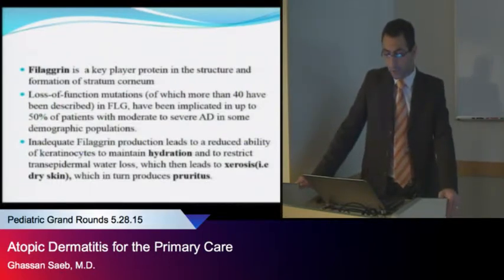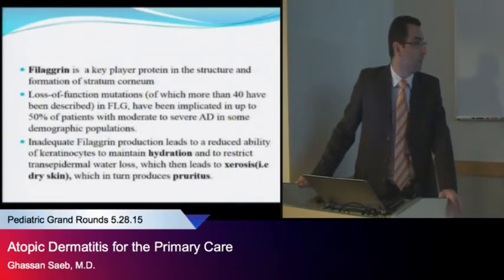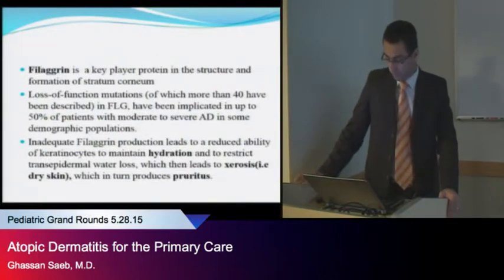Inadequate filaggrin production leads to a reduced ability of keratinocytes to maintain hydration and to restrict transepidermal water loss, which then leads to xerosis or dryness, and that drives the problem further.